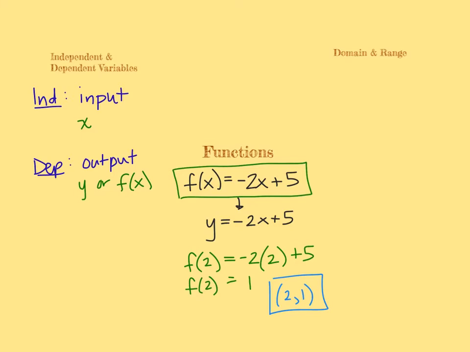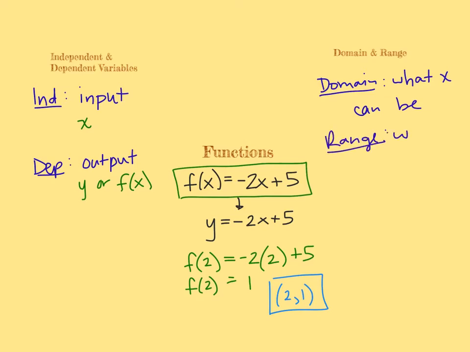All right, our domain and range. Domain are all of the values that your independent variable can be. Normally that's x. So it's everything that your independent variable can be. And our range deals with our output.